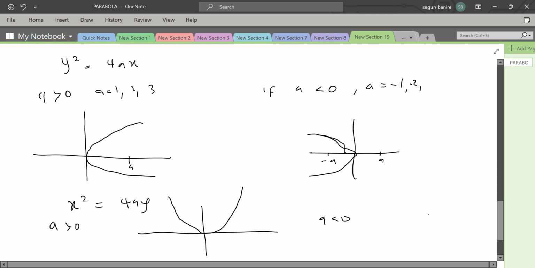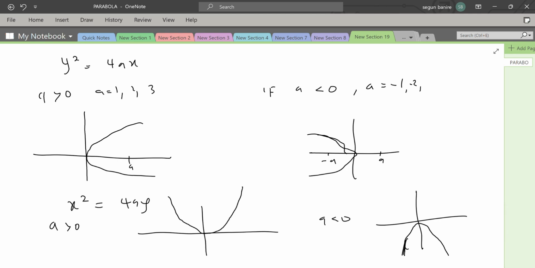When a is less than 0, the whole thing will face down. So this is how it will look like. So that is all. In our next example, we'll be doing an example on how to find the focus, the directrix, and to sketch a graph of what you've done.